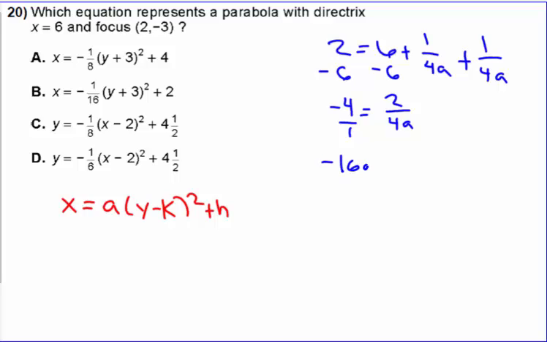Then we just have to divide both sides by −16, and we get that a = −1/8. So notice the only possible solution right now, looking at our formula sheet, would have to be A, because the y value of the focus is −3.